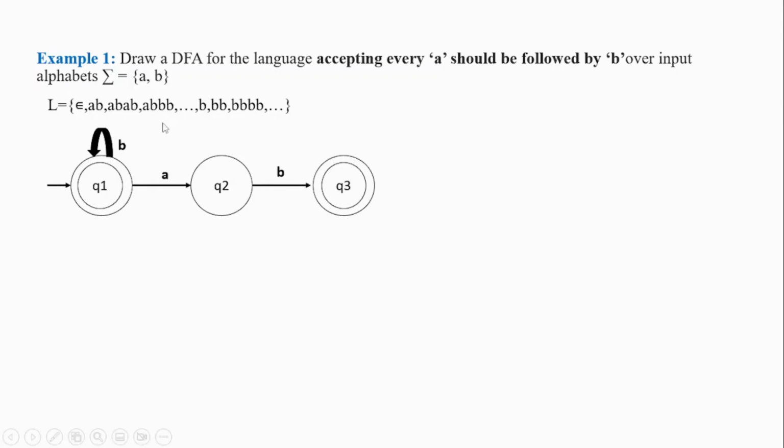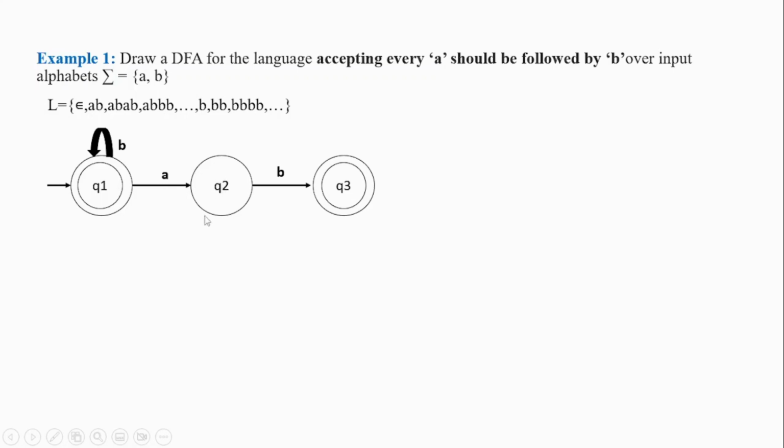So first, if it is an empty string, the initial state is the final state, which means the empty string is acceptable, right? So the initial state is the final state. Then all the B's are acceptable. So when it sees one B or two B's or whatever, all the B's, it will be in the final state. Then from here, if it sees any A, then it goes to this state.